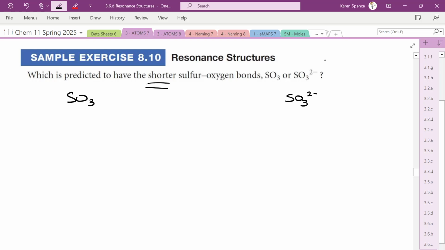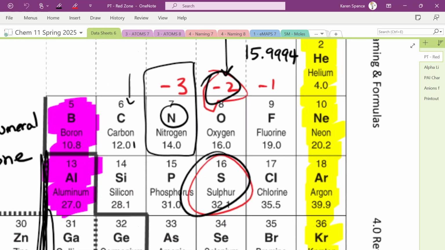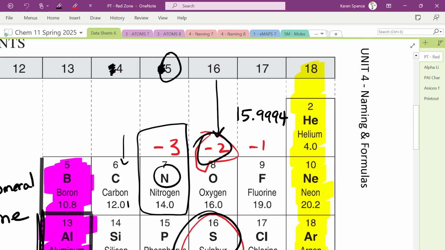What is step 1? Valence electrons. From our periodic table, how can we tell how many valence electrons in sulfur?